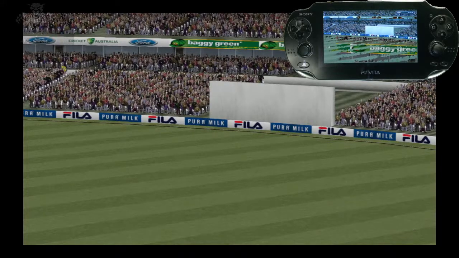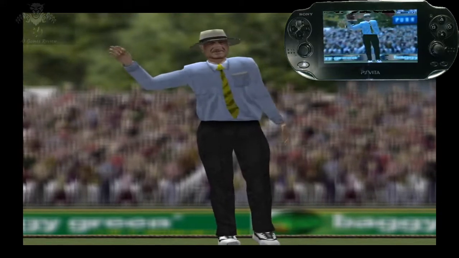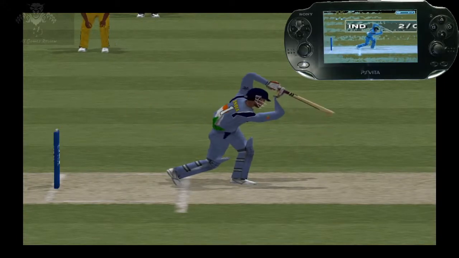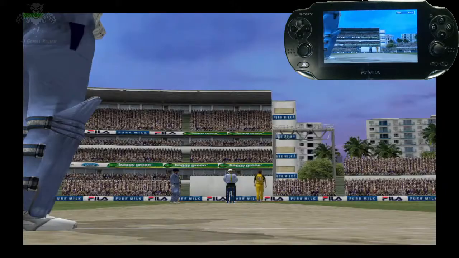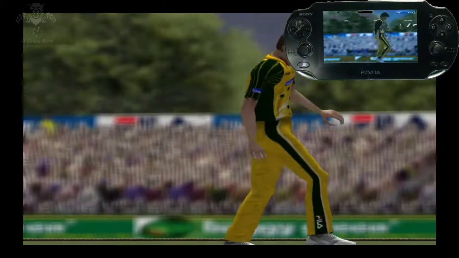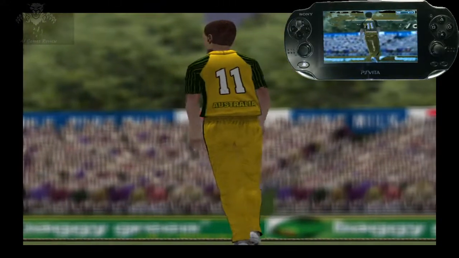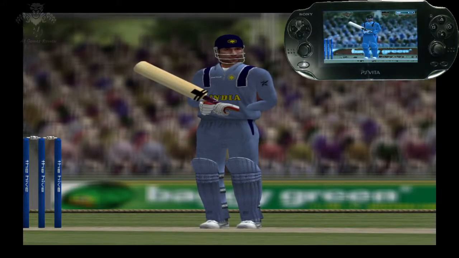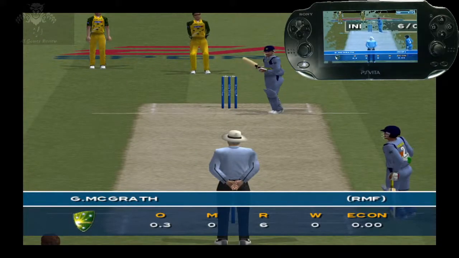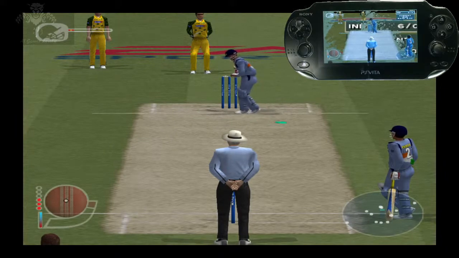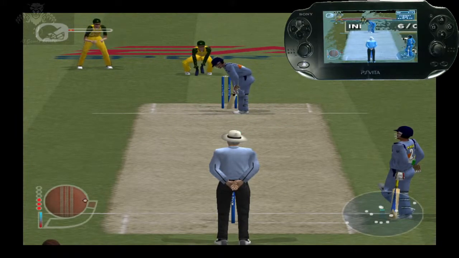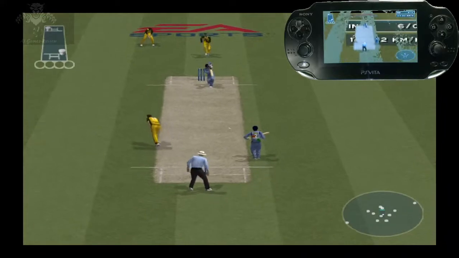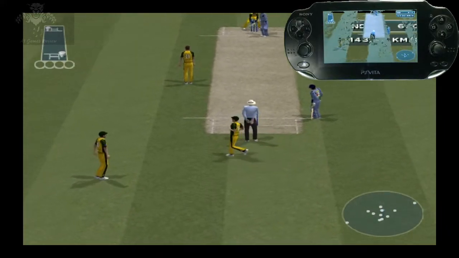He will have enjoyed that one. Tendulkar facing. Stopped by Lehman.